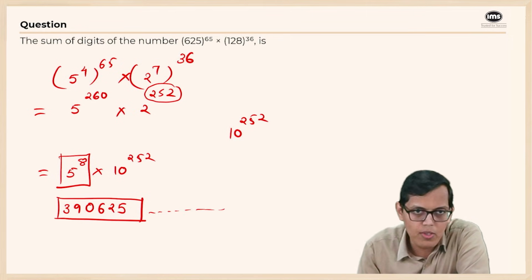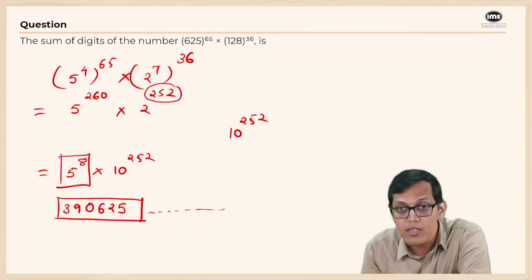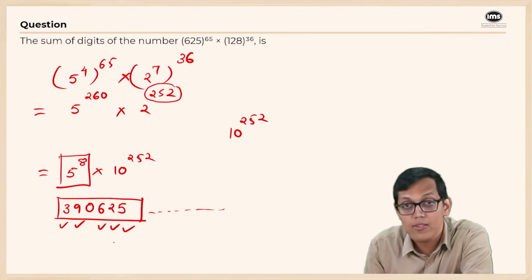Basically we don't need to focus on that. Question wanted us to find summation of digits. So the answer here is going to be the summation of 3, 9, 6, 2 and 5. The answer here is 25.